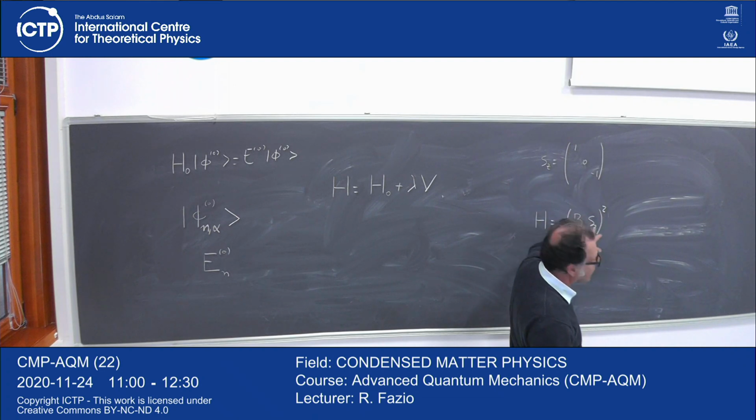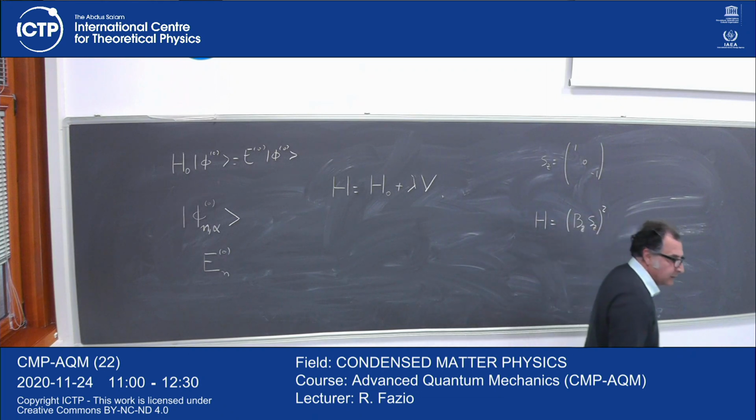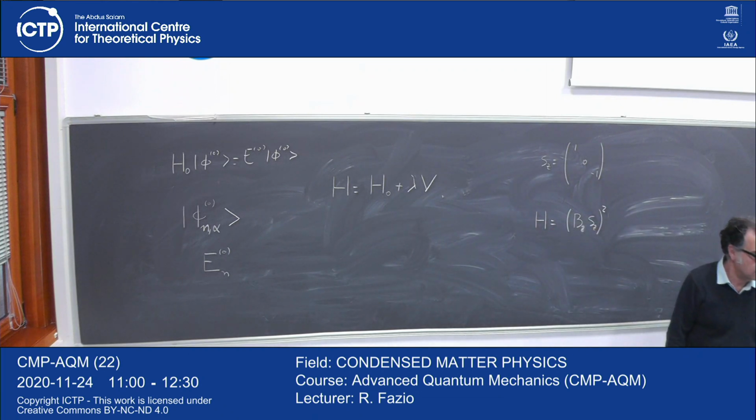However, since you have a quadratic term, plus 1 and minus 1 will be degenerate. So this is one simple example in which you went from a threefold degenerate spectrum to the case in which you have one non-degenerate and one twofold degenerate level. Okay?